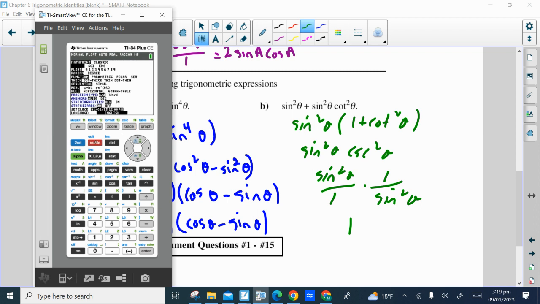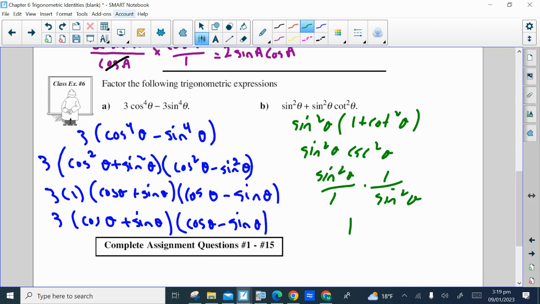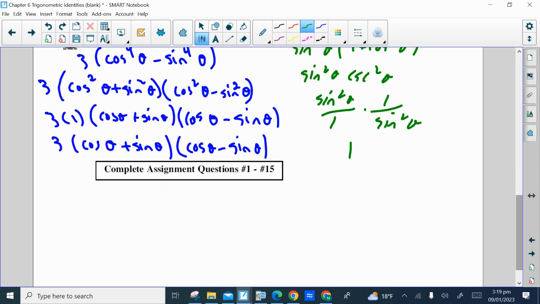And I think I'm in radian mode. Yep, I am. So 0 is a non-permissible value. Pi on 2 is a non-permissible value. Pi is a non-permissible value. These are every multiple of pi on 2. Negative 3 pi on 2. Okay, so you can use the graphing calculator to help us with that.